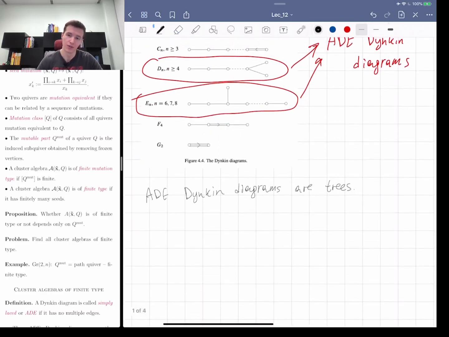And if you solved all the problems in the homework, one of them told you that if you have a tree, then any two orientations of a tree are mutation equivalent.